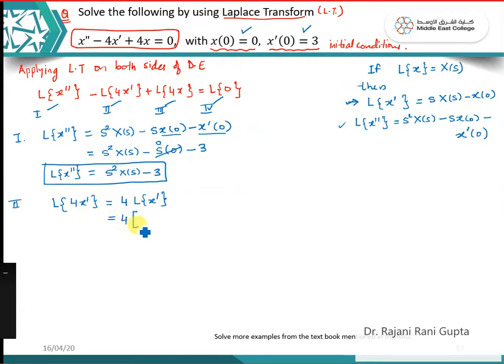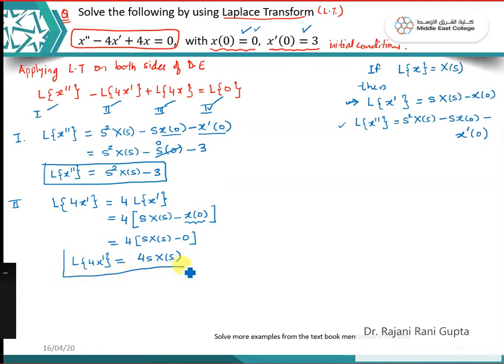As it has two terms, we should write a bracket which shows that 4 is multiplied with both terms. Now the value of x of 0 from the question: it is 4 times s X of s minus 0. So this gives you 4s X of s. This is Laplace of 4x dash, the value of the second term.